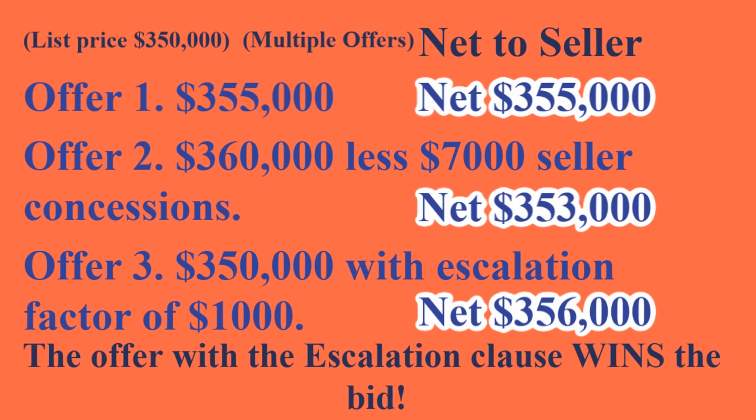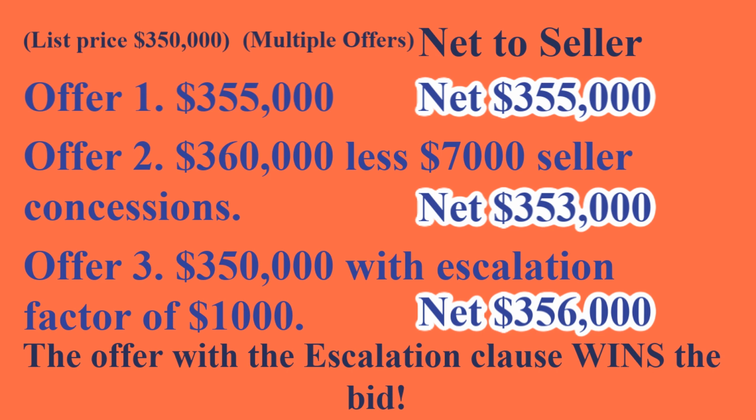So net to seller, offer number 1 was $355,000, which netted $355,000. That triggered the escalation clause. Offer 2 came in high at $360,000, but that does not mean that the person with the escalation clause has to pay $361,000 because he is asking for seller's concessions, closing costs. So that brings his net down to $353,000.